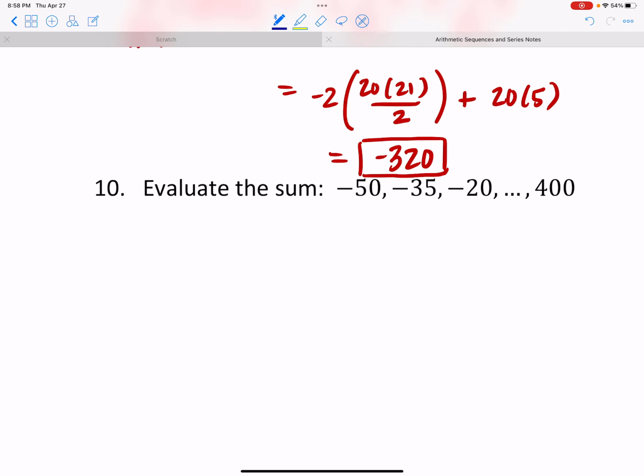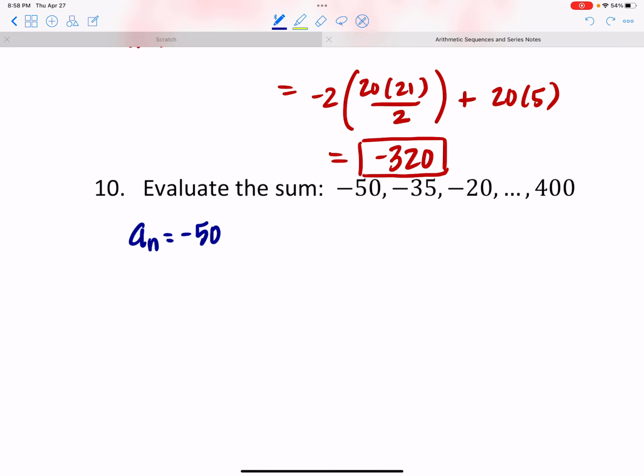This is where our explicit formula is really going to be helpful. The number of terms is n, and that explicit formula has a spot for n. So I'm going to start this by writing my explicit formula. So I would say a sub n is going to equal the first term, negative 50, and then my common difference, I can see I am adding 15 to get from one term to the next.